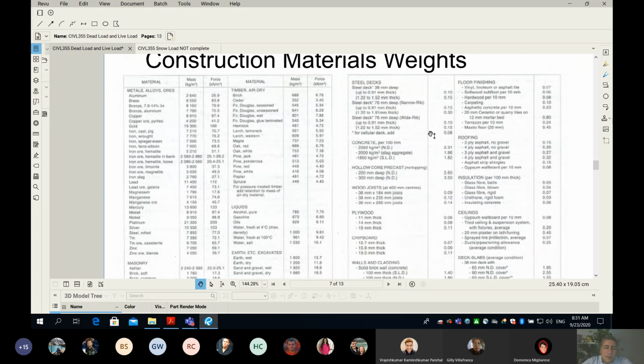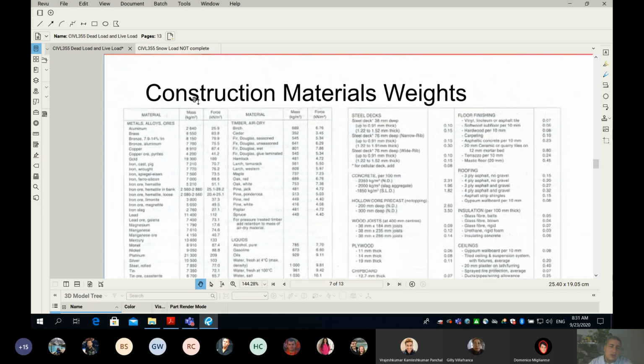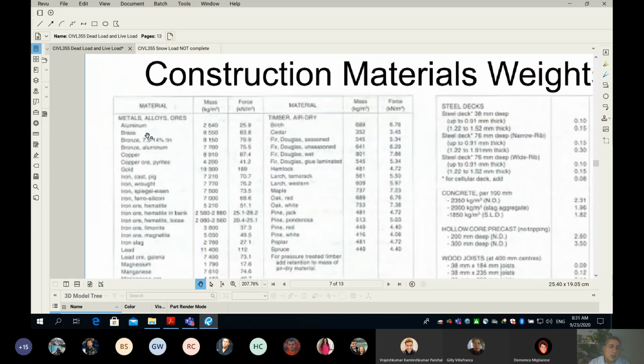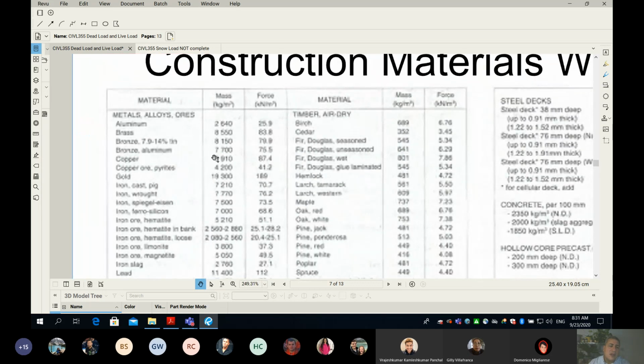I'm trying all the time to compress my PDF file to the minimum, but obviously it comes at the cost of the resolution of my PDF. So I apologize for that. I'm going to keep it with the highest resolution. However, if you do your best and look at this table, you will see it provides the weight of different materials like aluminum, brass, and stuff like that.